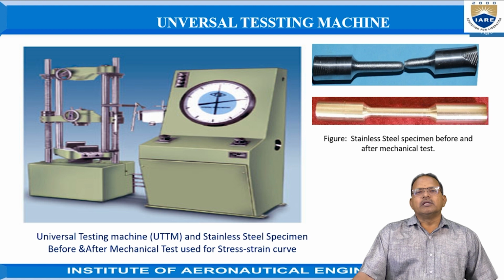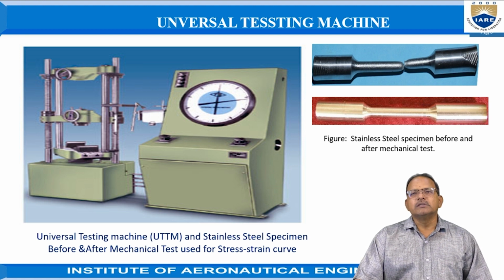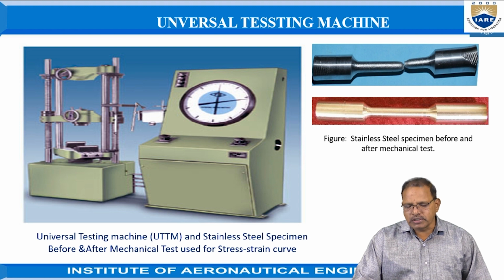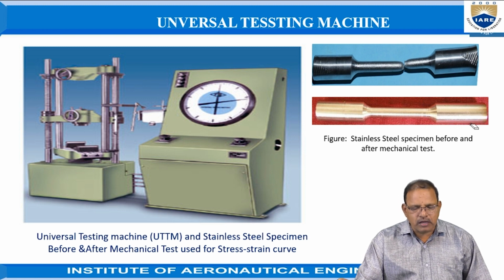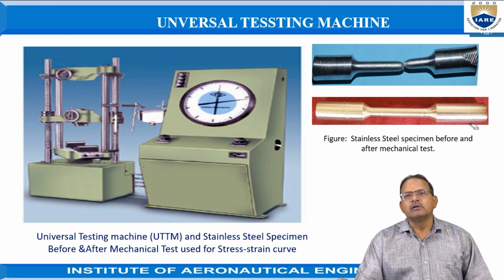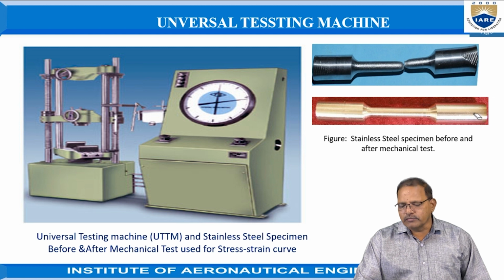Here the stresses and strains of a material are generally measured using a universal testing machine, as shown in the figure. This is the specimen made as per the Indian standards. It is fixed between the fixed jaw and the movable jaw of the universal testing machine. When the load is applied gradually, the length of the specimen increases, and at a certain point it breaks into parts.